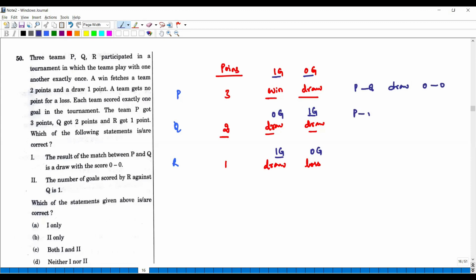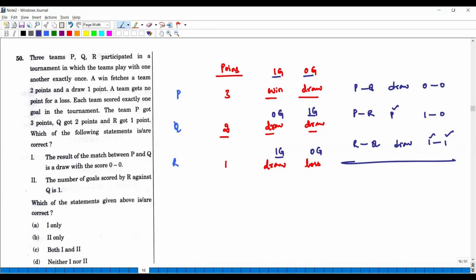If I take P and R, P won. So it is 1-0, 1 goal to 0. And in between R and Q, both it is a draw, but both of them goal 1 and 1. Okay. So if you look at it like this, 1 goal and 1 goal, but the match is draw.